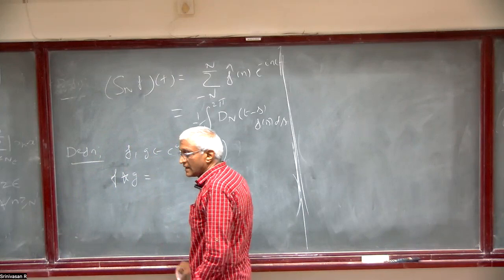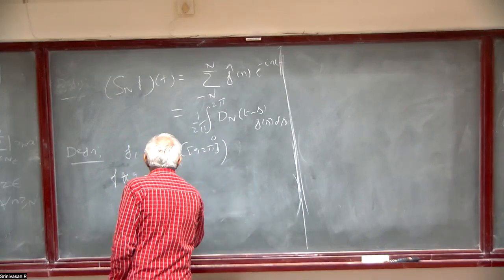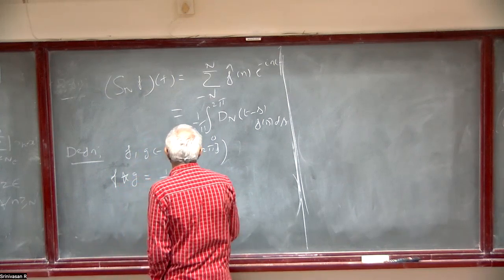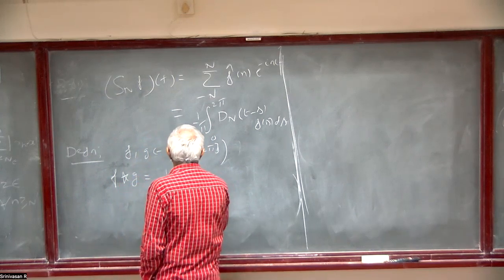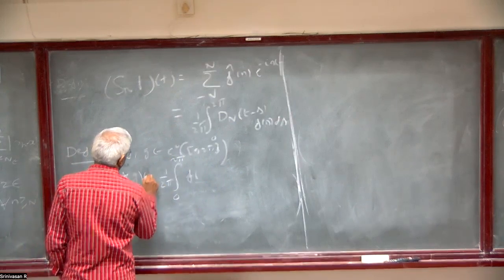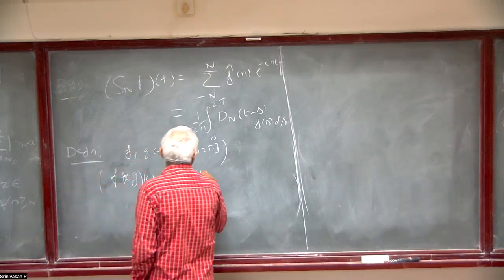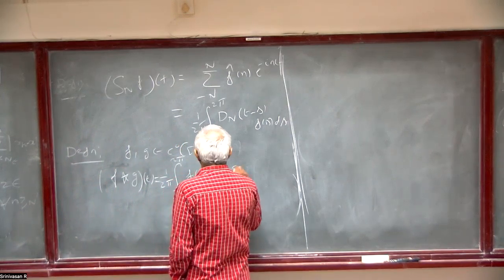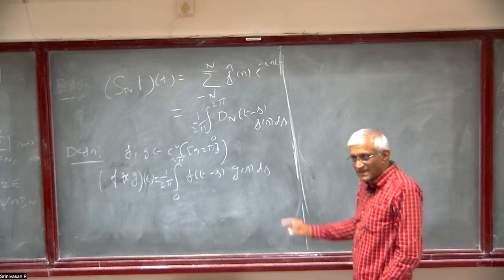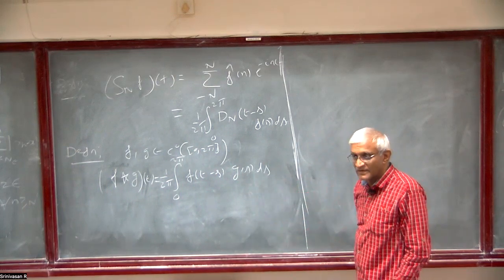This is equal to 1 by 2 pi, integral 0 to 2 pi, of f(t minus s) g(s) ds. This is the new function at t. You can check easily that this is a continuous function again.